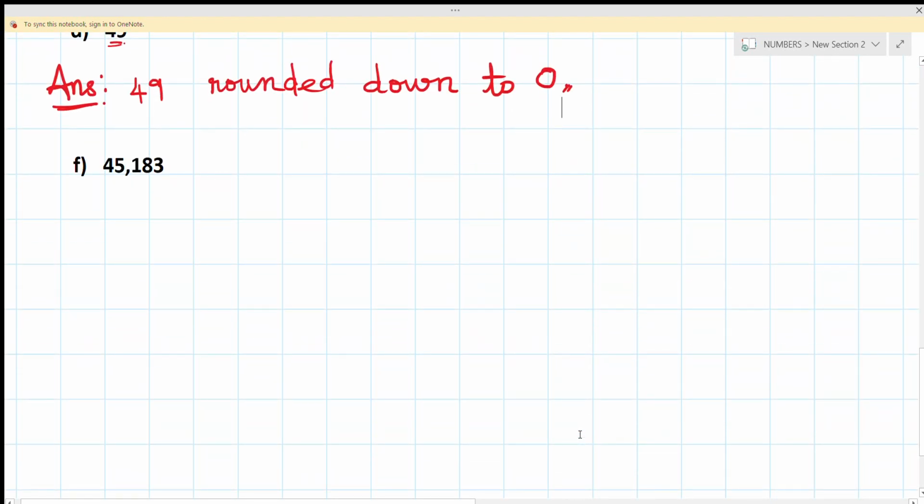And the next sum is 45,183. Here we are going to take only 183, the last 3 digits. Now find the nearest multiples, that is 100 and 200, and the mid number is 150.